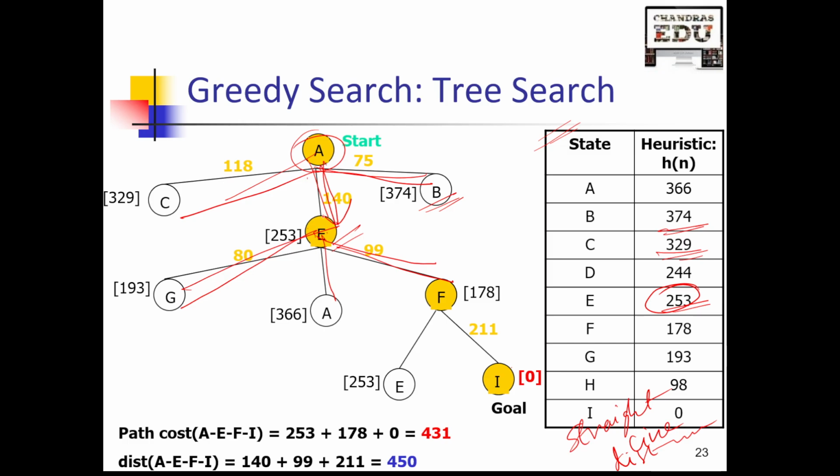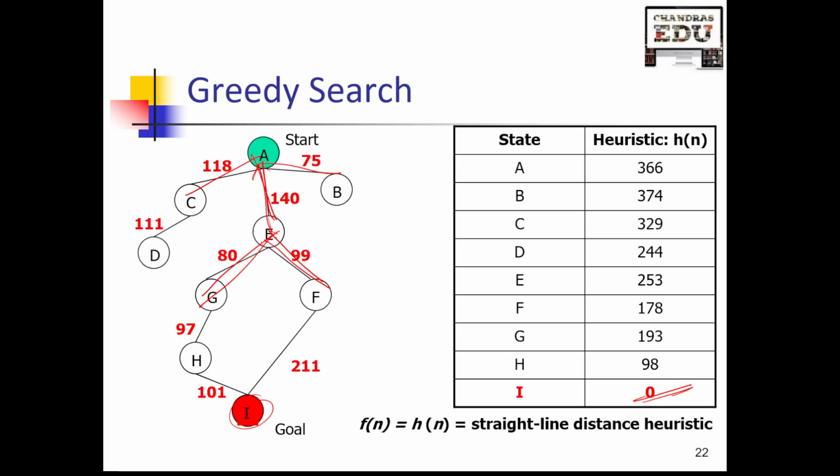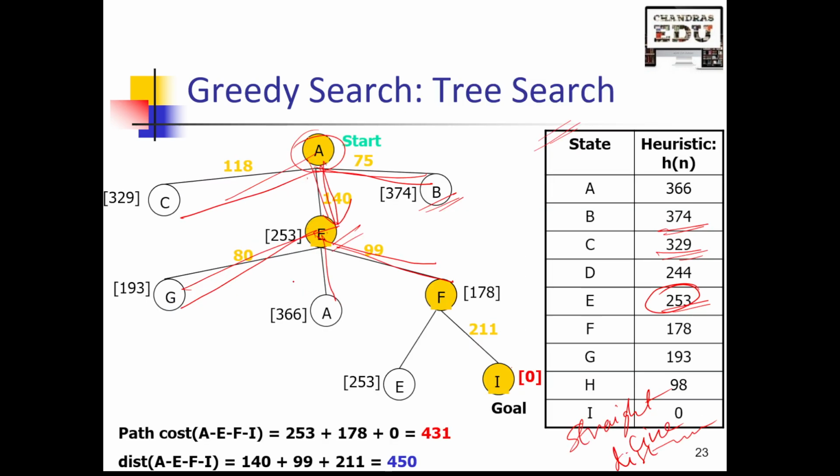Actually, in this tree we have only two paths from E: to G and to F. But in the tree we have drawn the path to G, the path to F, along with the path to A also. Why? Because it can even go back to A to find the heuristic function.